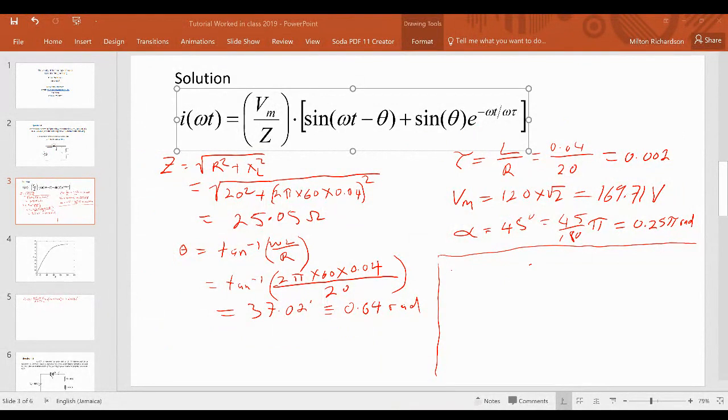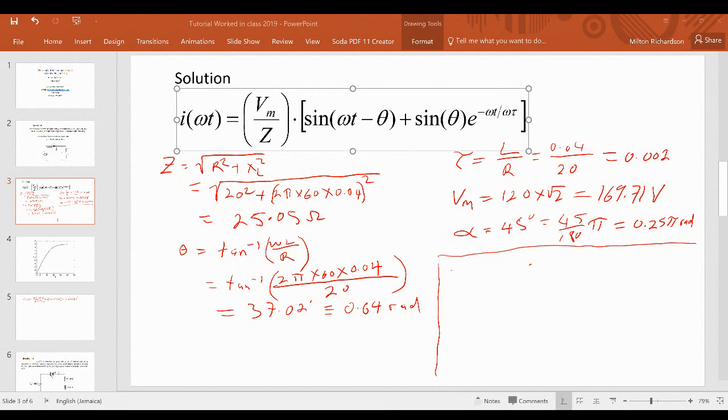Alright, so this omega t minus alpha, but this should be alpha. Need alpha here. There's no alpha in here. Alpha. Greek letters. Alright, so alpha. So this should be alpha minus theta.